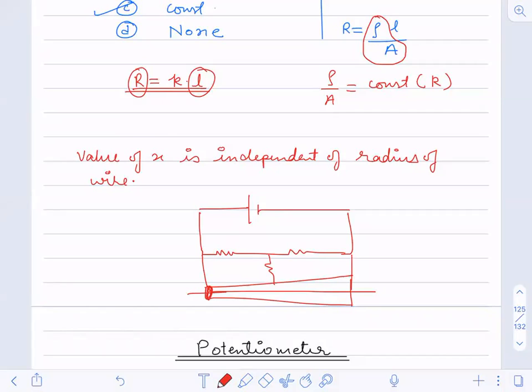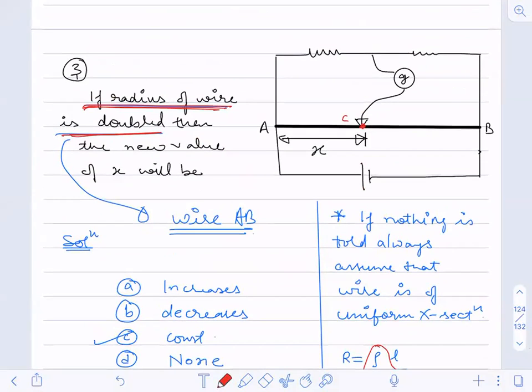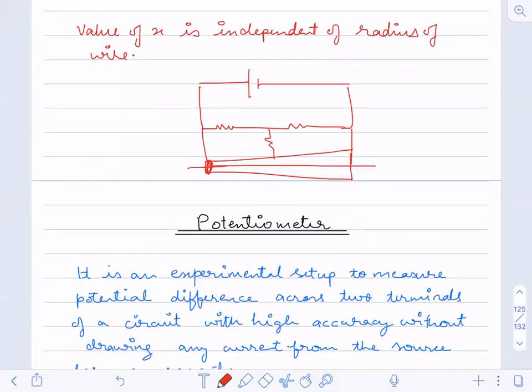So if radius is changing, area will change, length will remain the same. And if a non-uniform cross section is given in the question, it is not part of our study, especially for NEET. So there's no point of discussion.